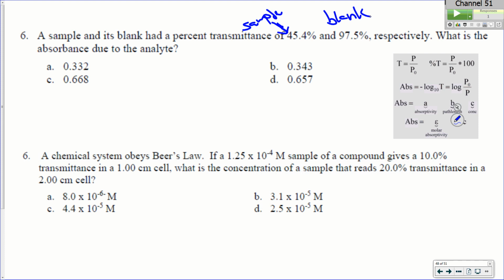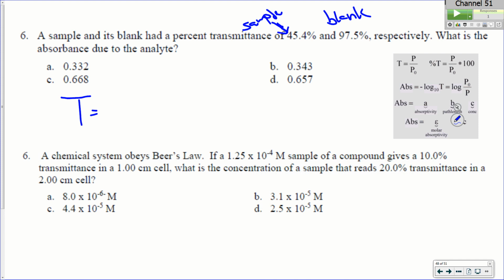All right, so how would we calculate the absorbance? Well, we know that transmittance is directly proportional to the power, so you can think of it as the ratio of percent T's. Percent T would be P of the sample divided by P naught of the blank.